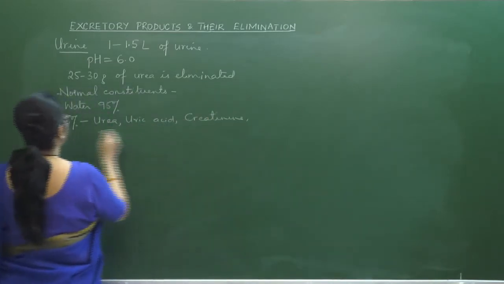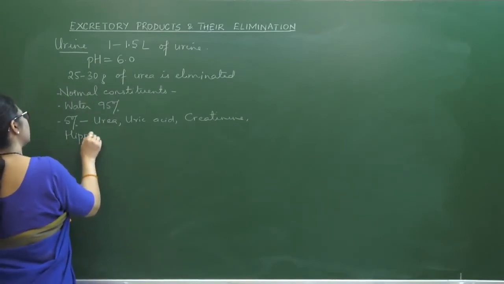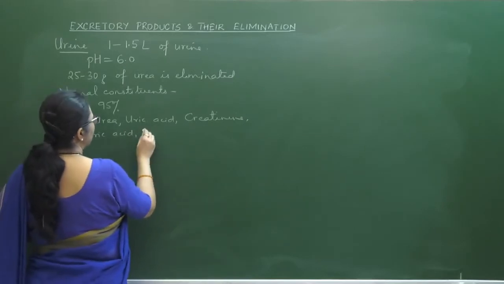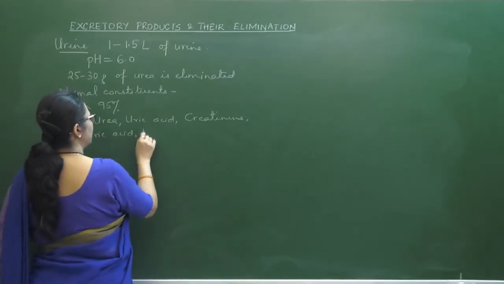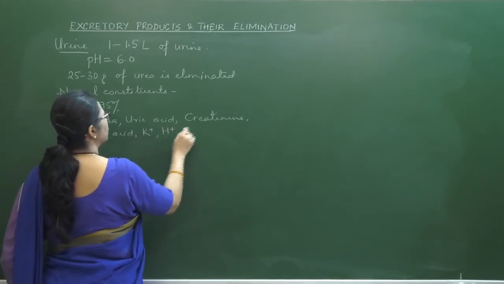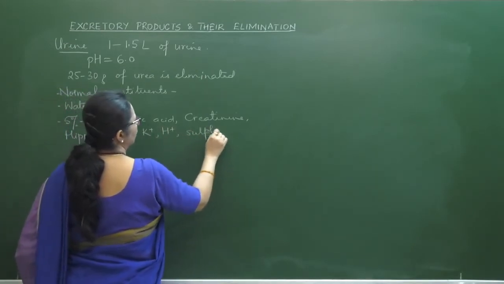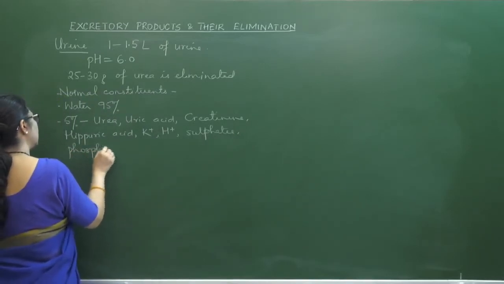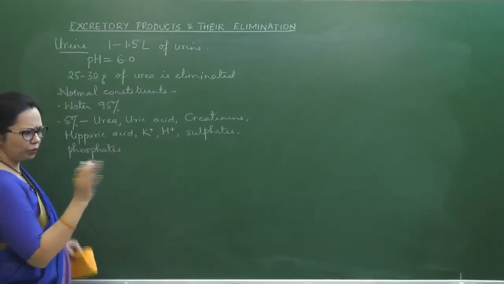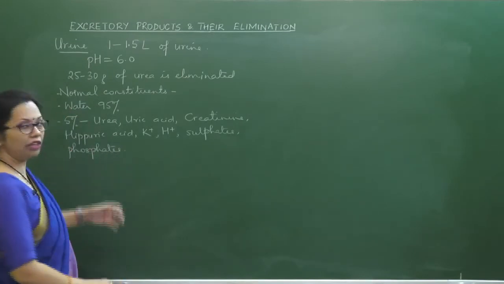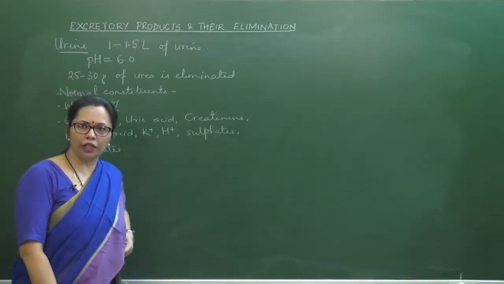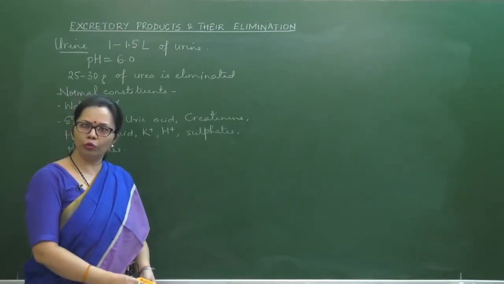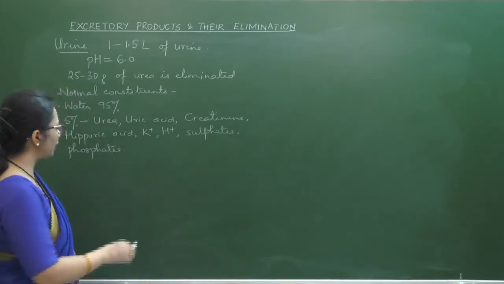Creatinine, hippuric acid, these ions that we had just now mentioned, potassium ions, H ions, some sulfates, phosphates. These all are there, and so many other compounds also, but basically this. And you even see some of the hormones. That's why through the urine test we can check for the presence of a particular hormone as well. So I am just mentioning the major things.